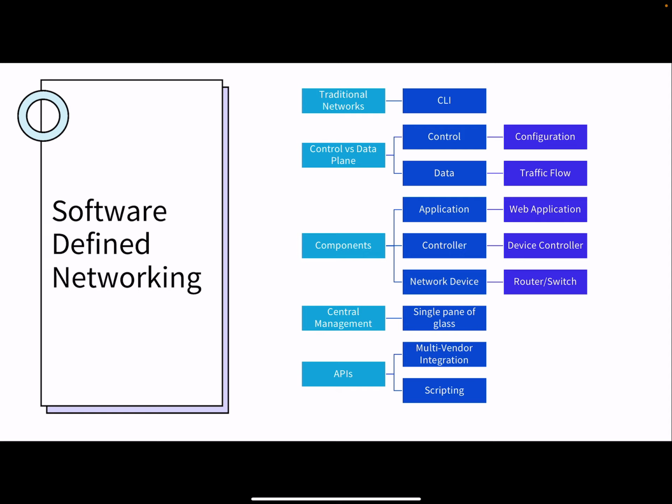That's where APIs come in, and that's how you are going to actually interact with the SDN application. It allows you to script against it, so you can do if-then-else statements, conditional matching, counting, and it opens up that realm of possibilities.